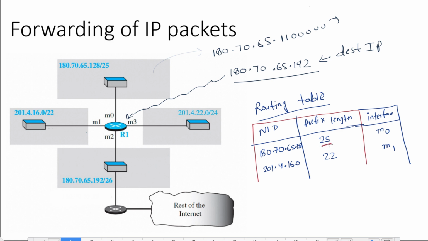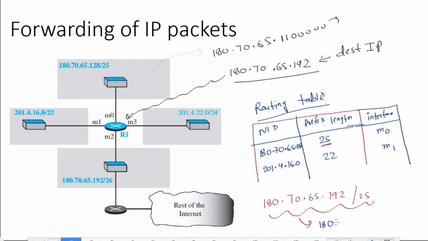If this is the destination IP and I apply 25 here, then let me find the corresponding network ID, which means I fix the initial 25 bits and make all the remaining host bits 0, then I will get the network ID.